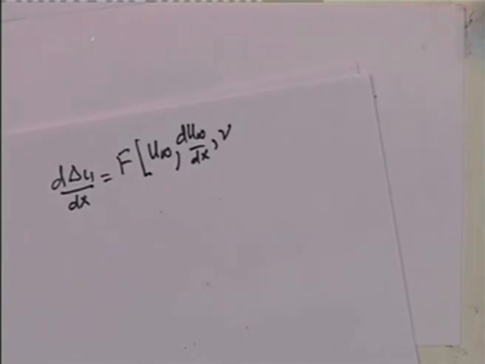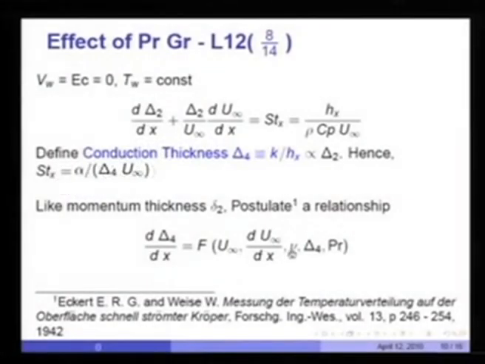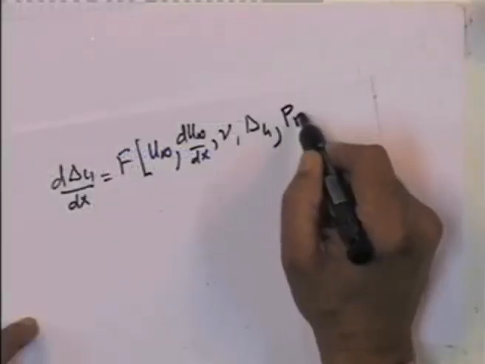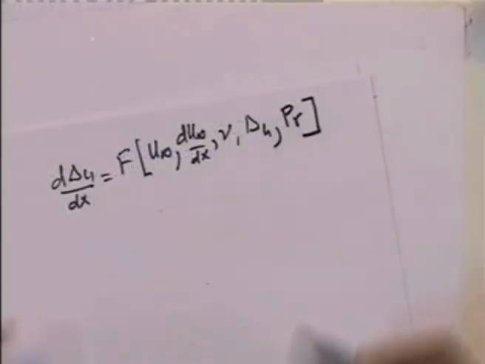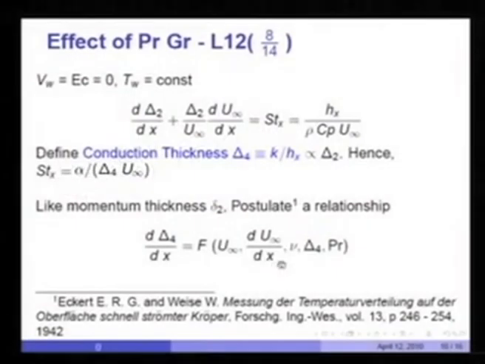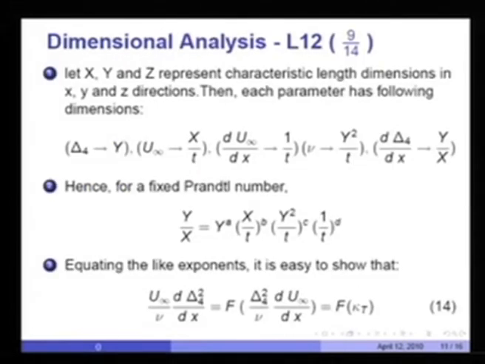So, there will be the first 3 parameters here, and then of course, it will also be governed by delta 4 and by Prandtl number. We are following a strategy very analogous to the results we had derived for the integral momentum equation. And now we shall carry out dimensional analysis.